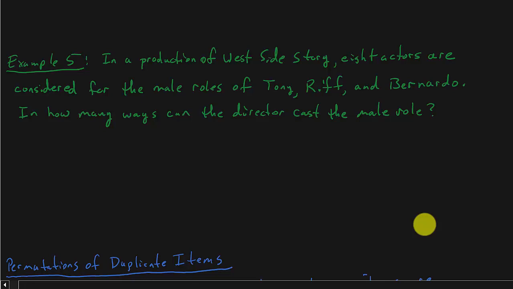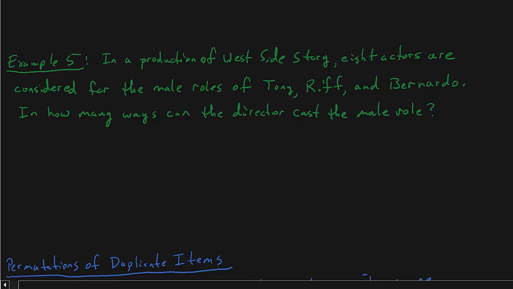Tony, Riff, Bernardo. So it's going to make a difference who I choose first, second, and third. The first person I choose is going to go to Tony, the second person to Riff, and the third person to Bernardo. So the order that I choose them makes the difference.